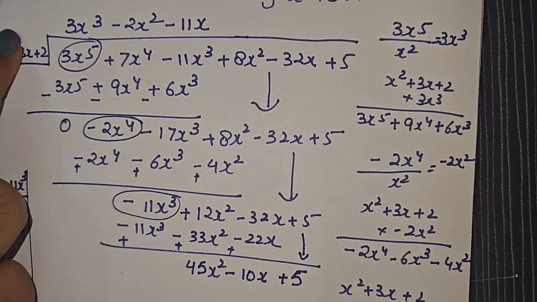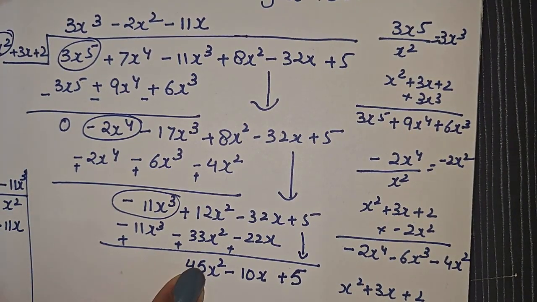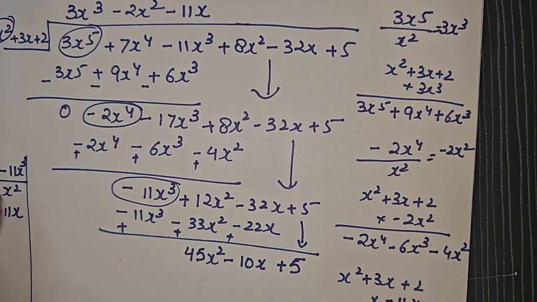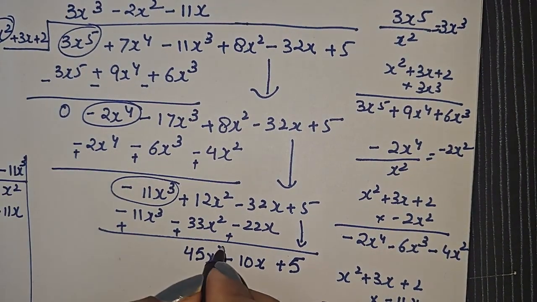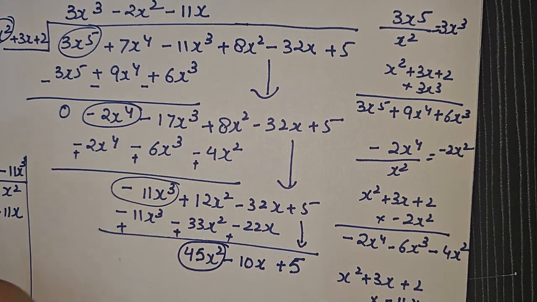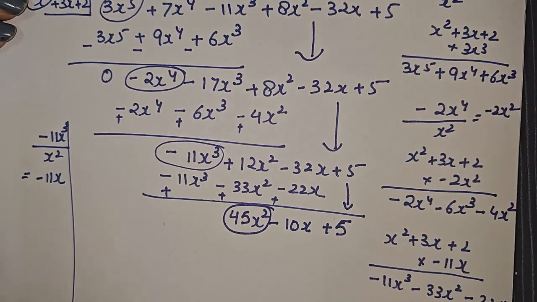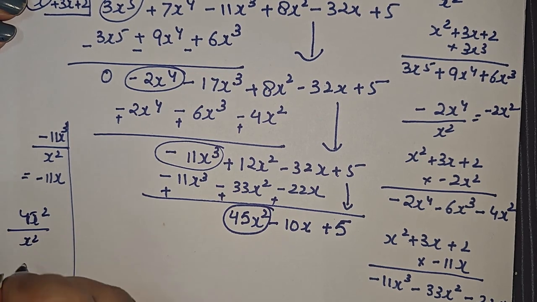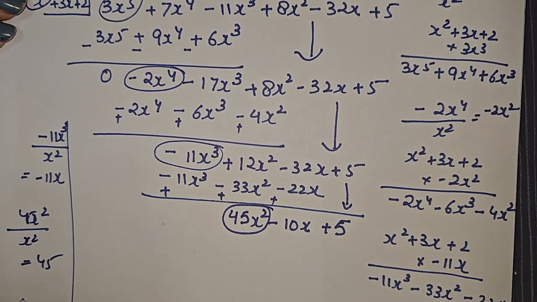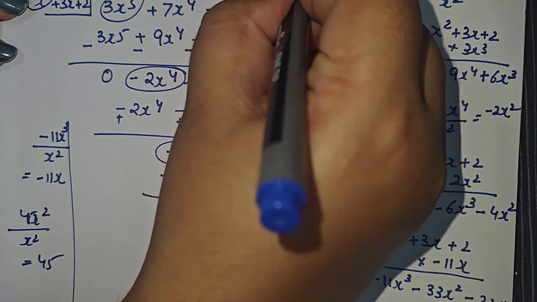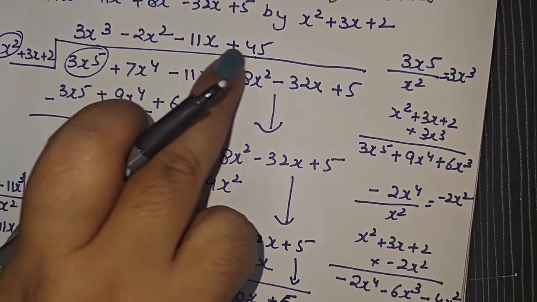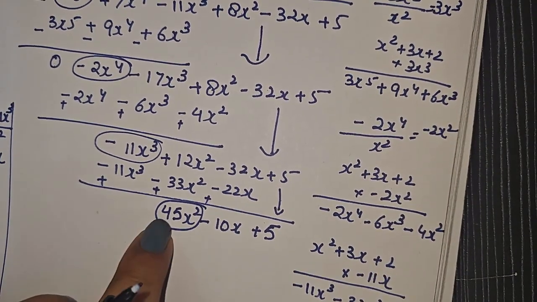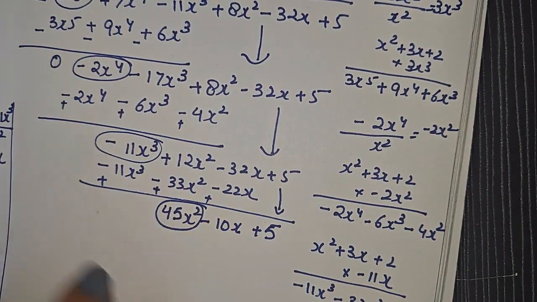Since we have x square here, and x square here, we can still solve it one more time. Let's try. This is the first term, so we will pick this. We have 45x square by x square, so the answer will be 45. So we will put plus 45 in our quotient. Now multiply this whole term by 45.